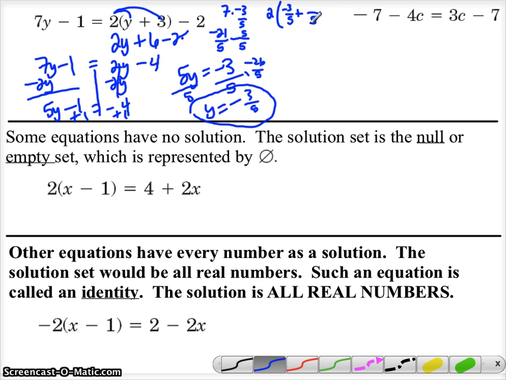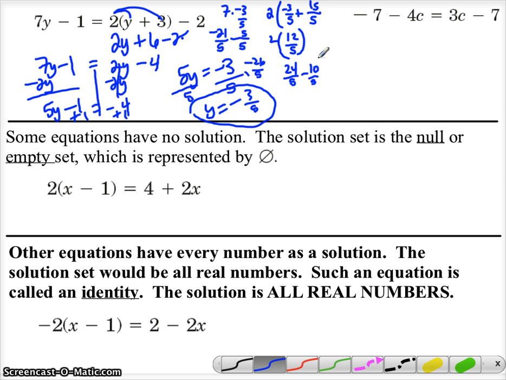So if we change 3 to a denominator of 5, 3 times 5 is 15. That gives you 12/5. Times 2 is 24/5. Minus 2, which is 10/5, gives you not the same thing.